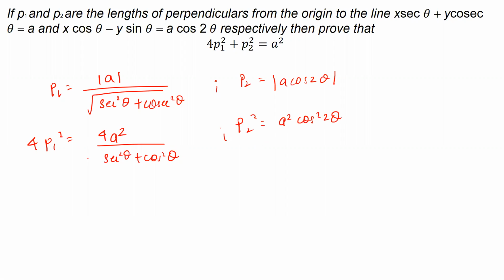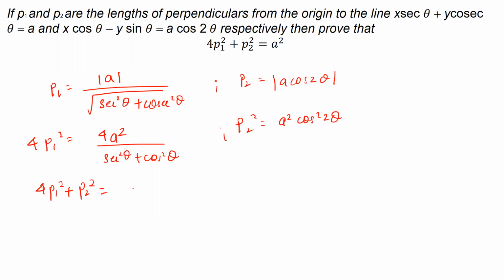Now let's just see what we get on adding these. So we have 4 P1 squared plus P2 squared. We have to just replace these values and figure out whether on simplification it actually gives a squared or not. If it does, then we are done.